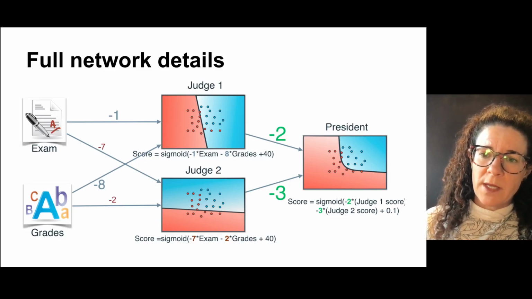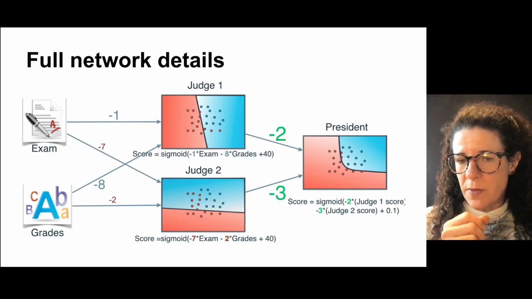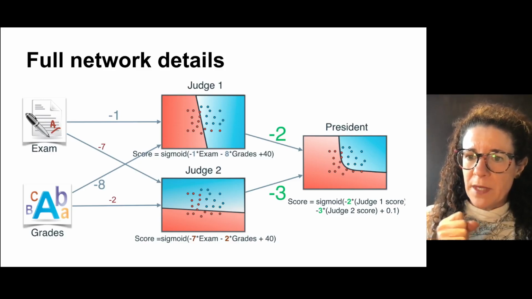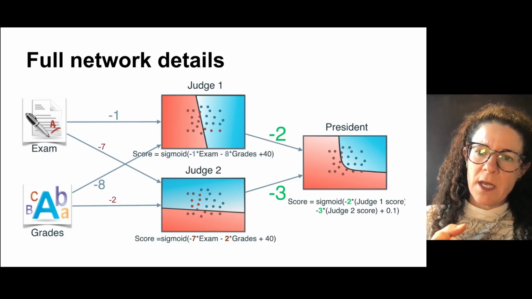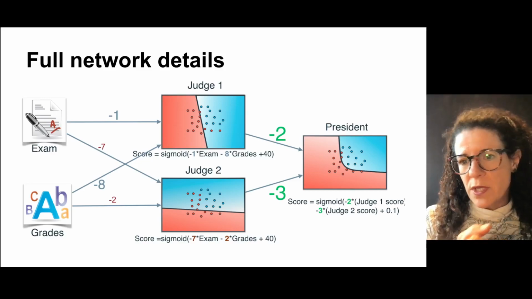Now, judge 1 has a score, a number between 0 and 1, and judge 2 has a score, a number between 0 and 1. Now, the president is going to take these scores and multiply them by some numbers, in this case, -2 and 2, add some bias, and take a sigmoid of that, and that will give a probability, which would be the probability of a person being admitted. So this is a neural network.